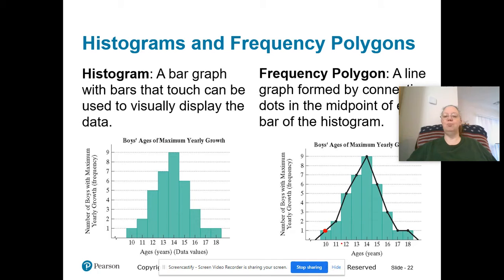And then there were two boys that achieved maximum yearly growth at age 11, so we would put a point here. Guys, don't draw the histogram. When you're doing this frequency polygon, don't draw the histogram first. Just put a point, just put a point, just put a point, and connect them with lines. It's a pet peeve of mine. Don't draw the histogram.